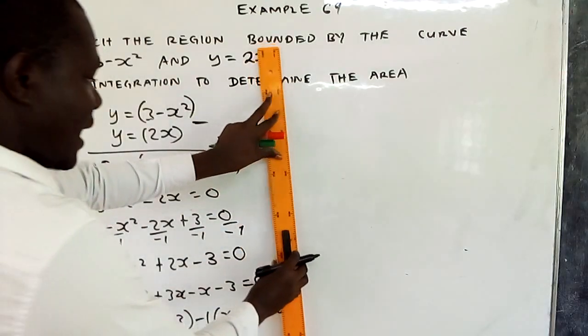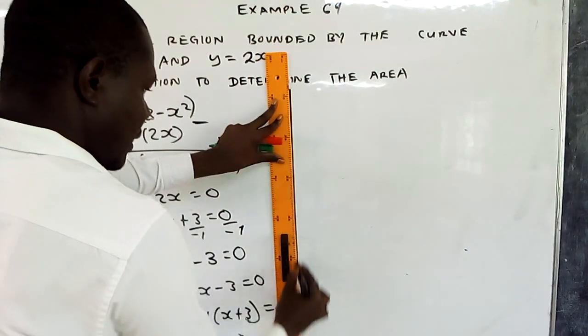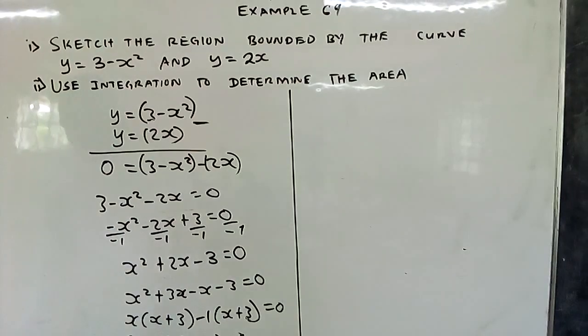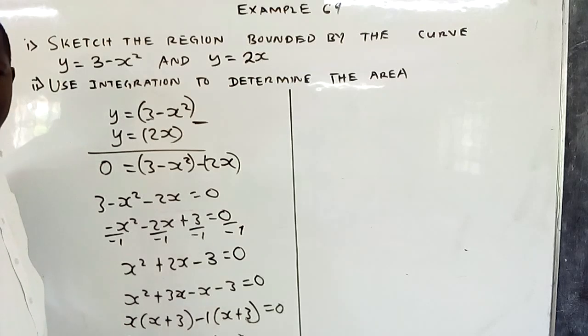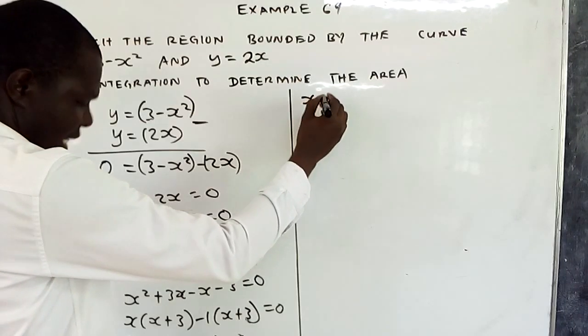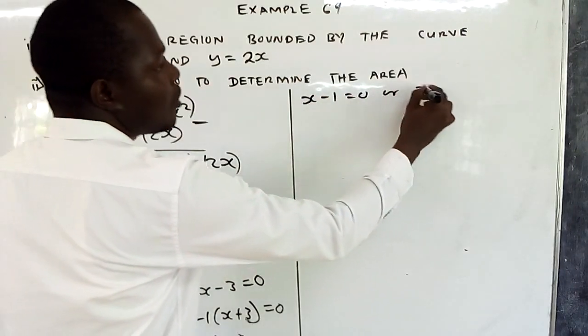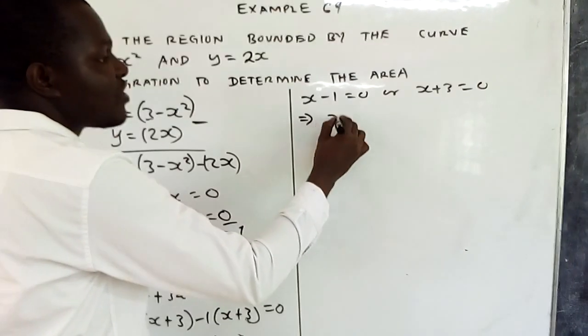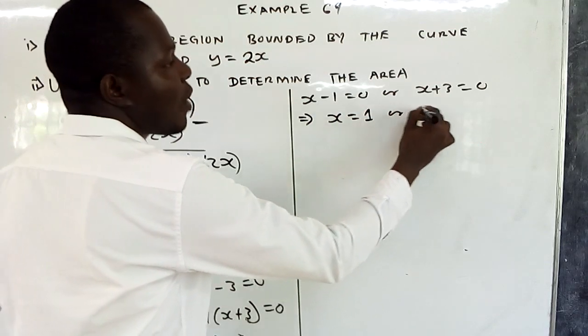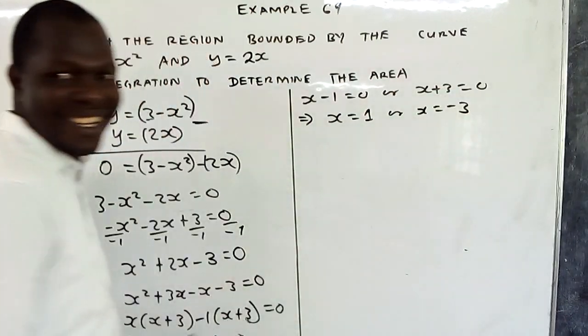So what does that imply? It implies either the first factor is 0 or the second factor is 0, so x minus 1 equals 0 or x plus 3 equals 0. So from here you can see the first value of x is 1 or x is negative 3.